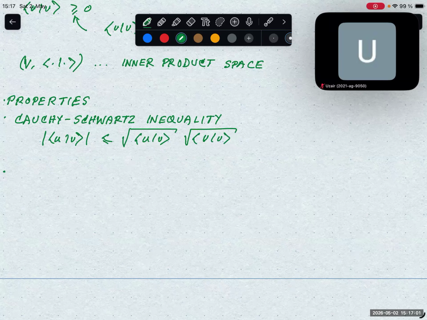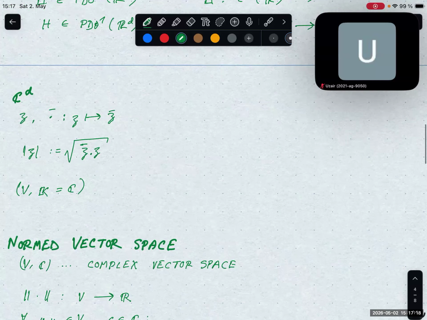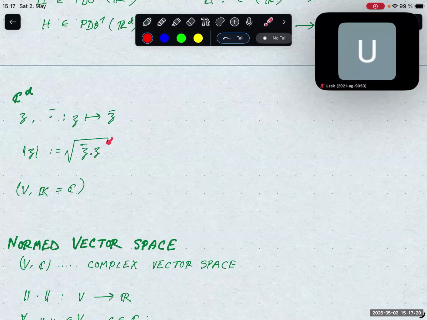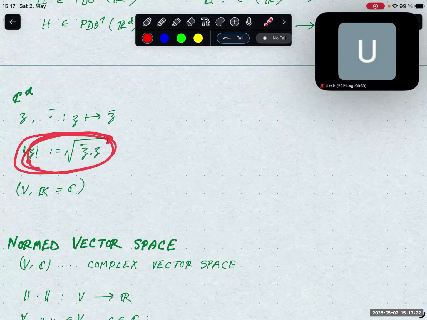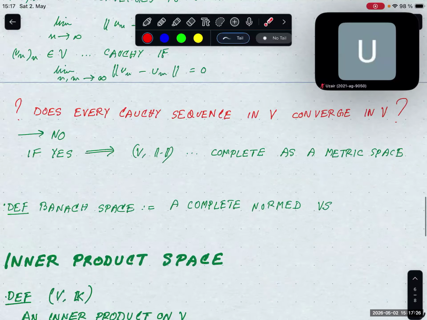So given an inner product as given here, there is a natural norm, and we already know what a norm is. The norm of v is given by, I think you can guess from here, we are now imitating exactly this structure, and that's why we started with this.